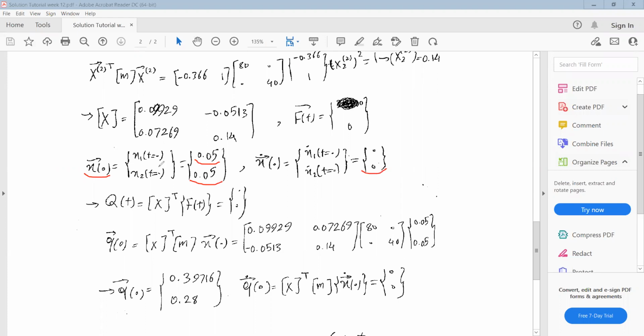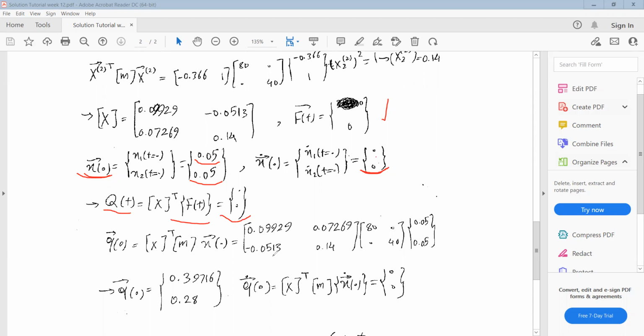So we can calculate the vector qt, which is the non-homogeneous term in the modal analysis method, and it's equal to 0 because ft is 0 here. The initial vector for the displacement is 5 centimeter and 5 centimeter, but the initial velocity is 0.